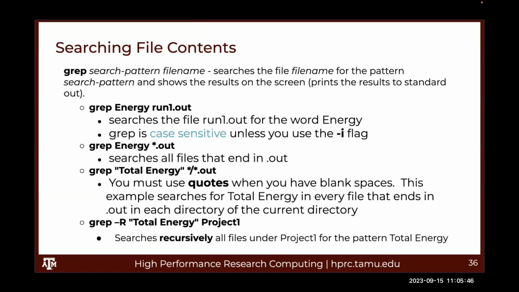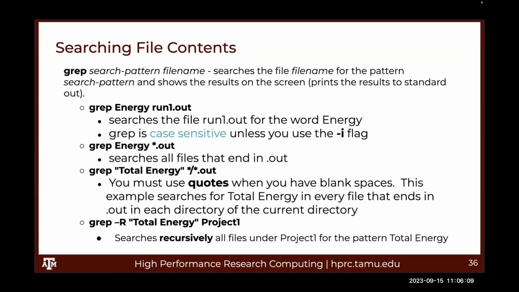In this example, we're searching for the phrase total energy, in each directory of the current directory. So star slash, any file that ends in out, or asterisk slash asterisk.